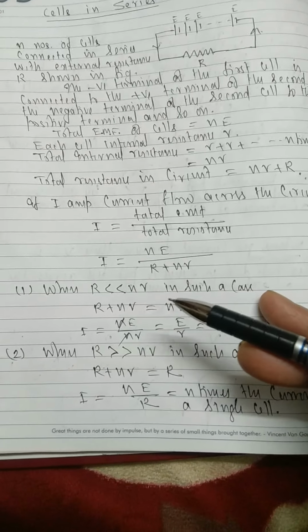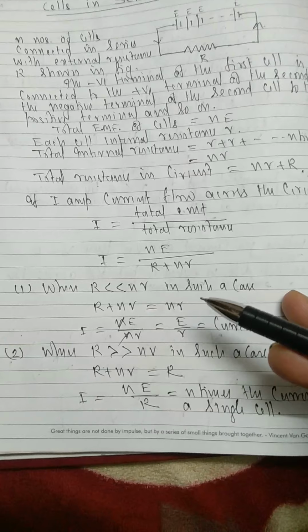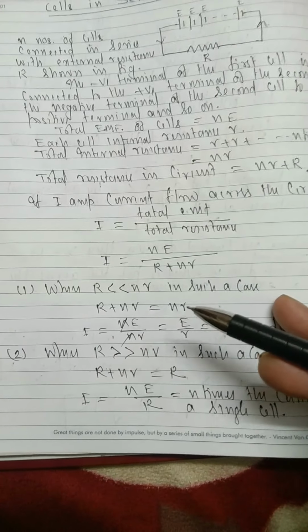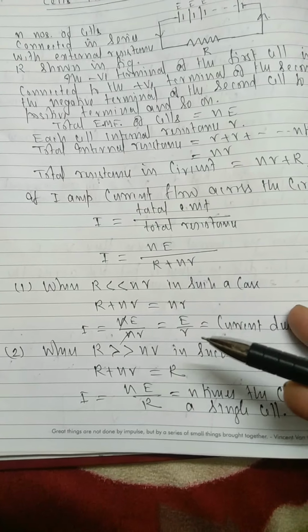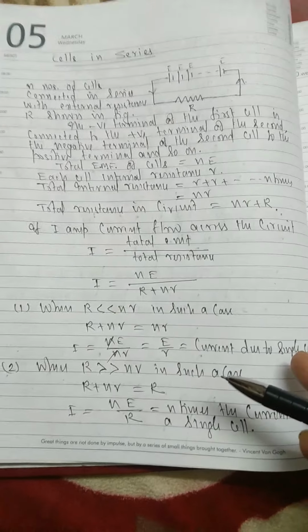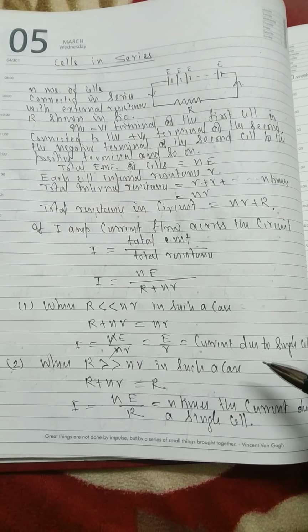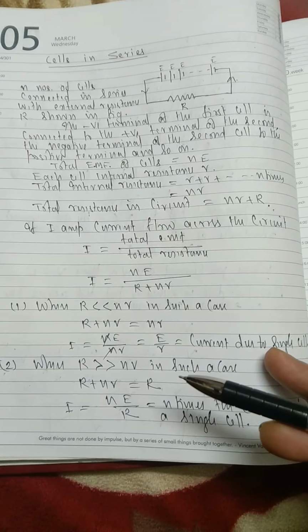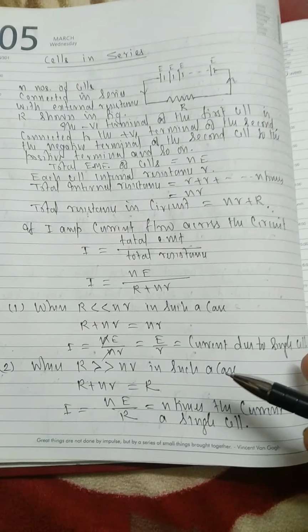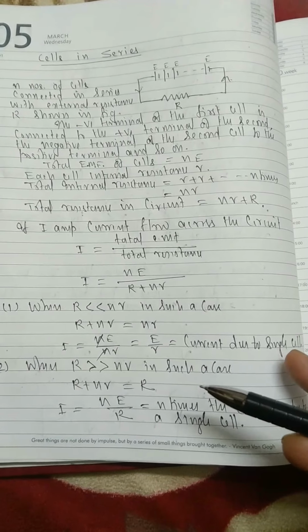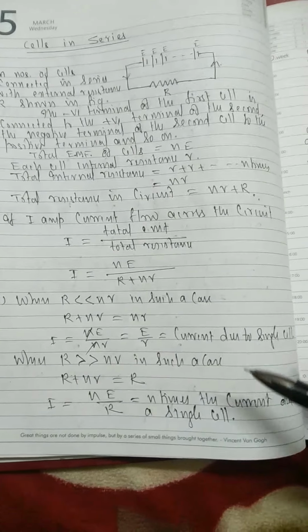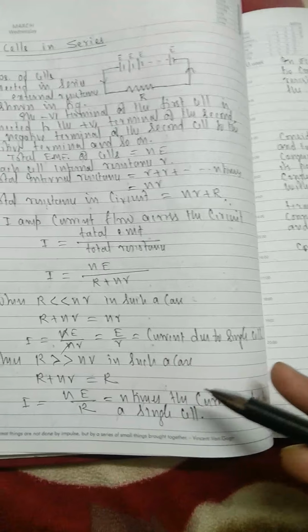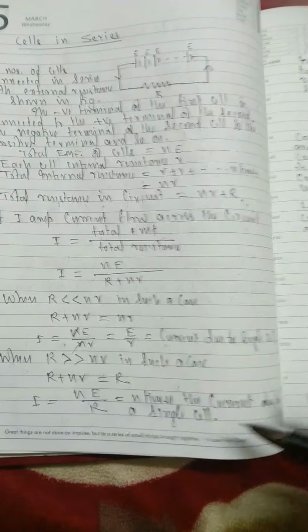When R is much smaller than nr, in such a case R plus nr equals nr. So I equals nE by nr equals E by r, and this is the current due to a single cell. But when R is much greater than nr, in such a case R plus nr equals R. So I equals nE by R. This is n times the current due to a single cell.